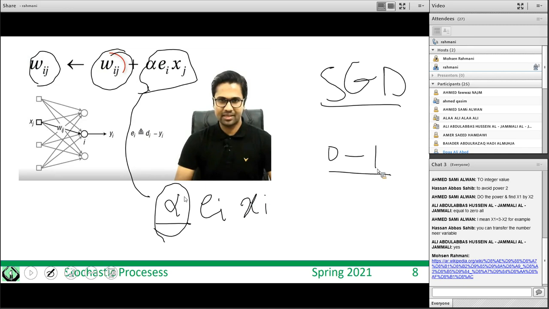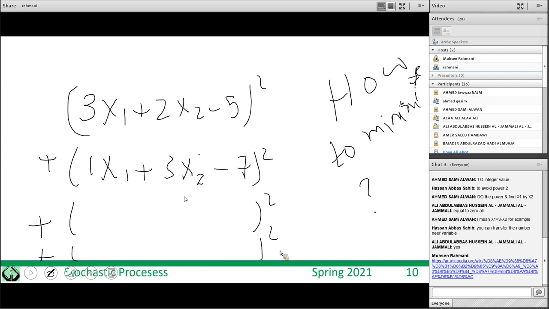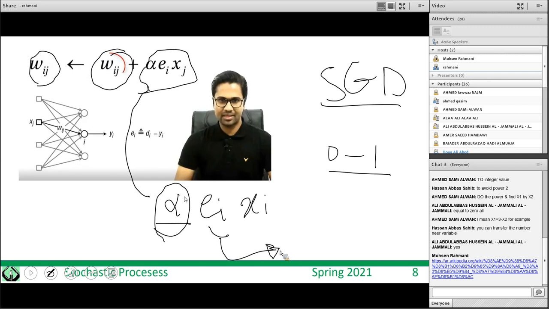Alpha is a number between 0 and 1. And what is E_i? E_i is the error for one input. Error is the difference between the output and the desired output. And X_i is the input.